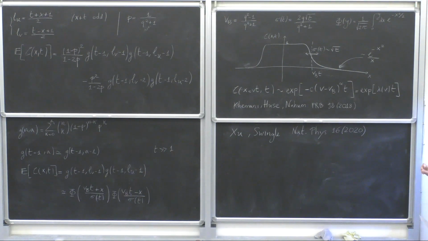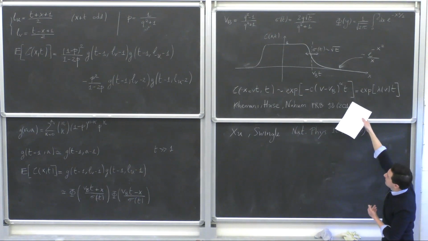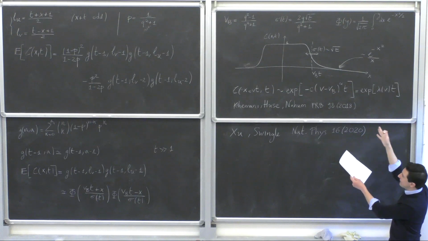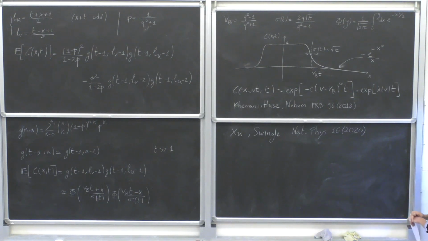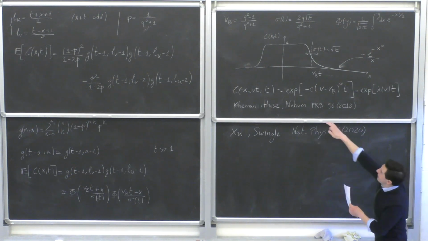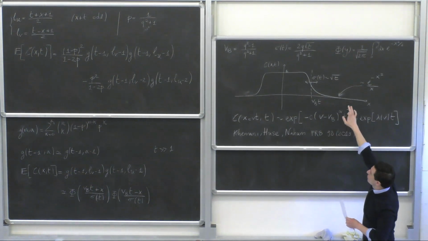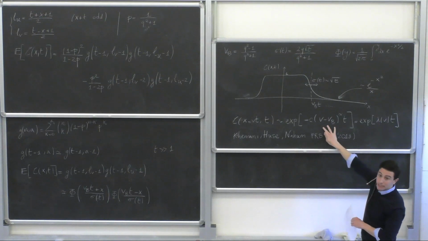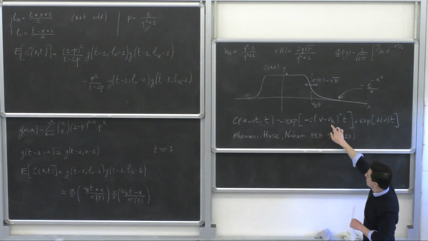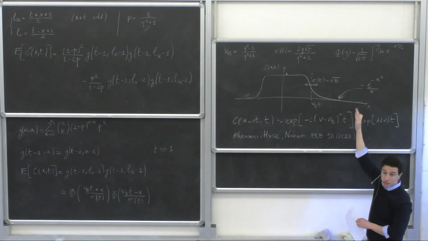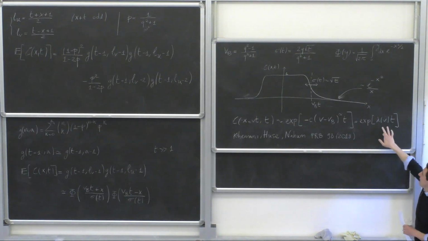But there is also an additional subtlety: this form holds right outside of the light cone. So indeed, this is consistent with our definition right outside of the light cone, because you see this becomes exponentially small for v larger than v_B.